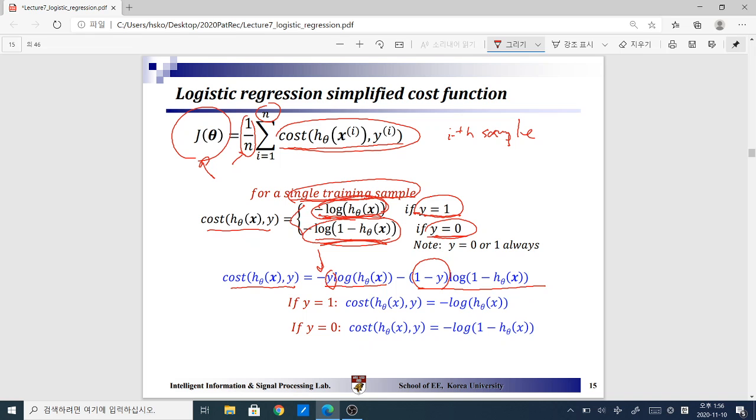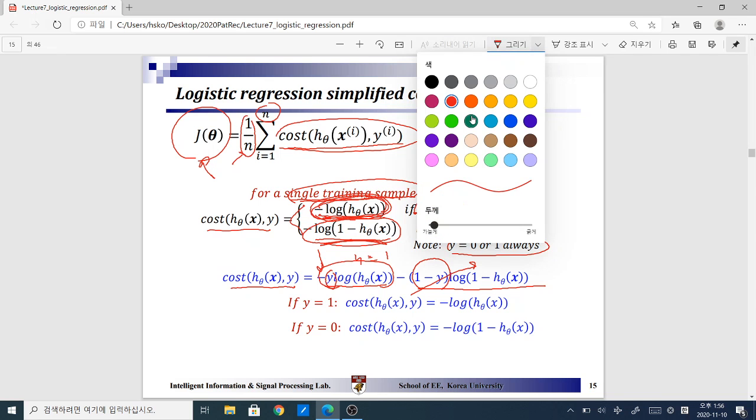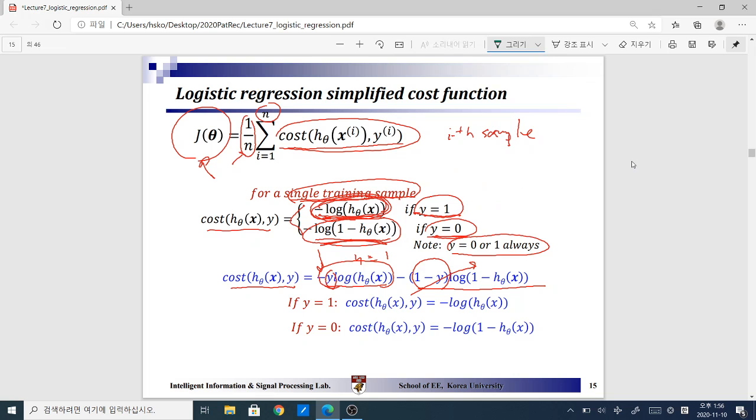And this works because, as you can see, y is always either 0 or 1. So for the case of y being 1, the second part actually goes away. So we only have this part, which essentially captures the case of the label being equal to 1. And similarly, when the label happens to be the other way around, that is, being 0, then this term being 0, the whole thing goes away.